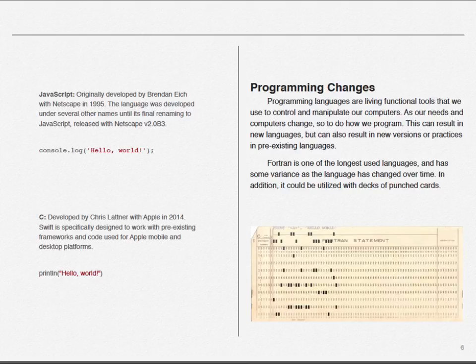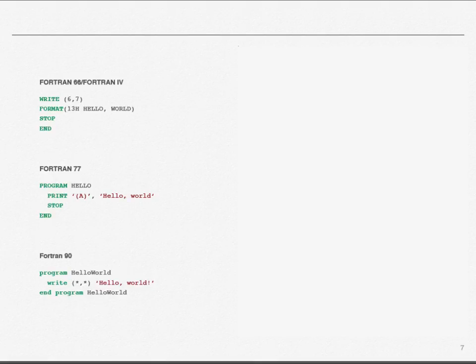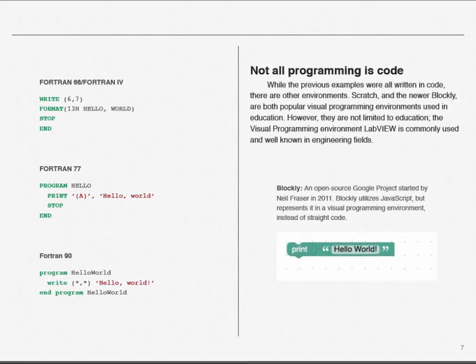Below here is actually an example of a Fortran punch card with the program Hello World written on it. There were written versions of Fortran as well. You didn't always have to use punch cards. So we can see 3 different versions of Fortran here: Fortran 66, or Fortran 4, Fortran 77, and Fortran 90.